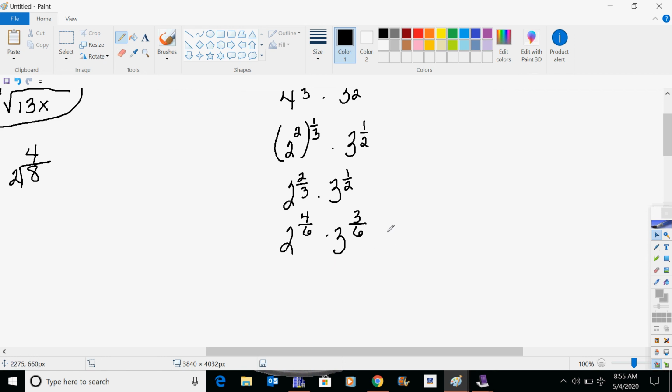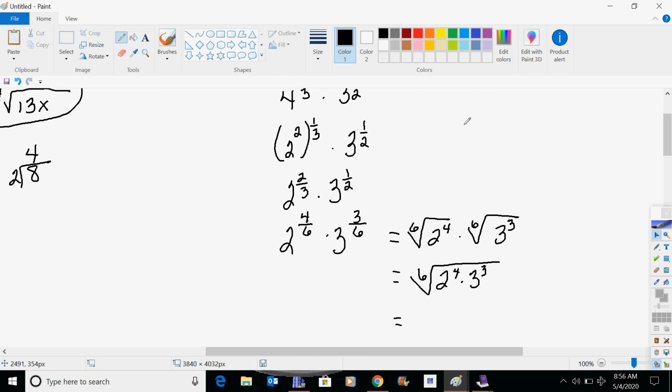So they want us to do it with the radical method. This means that I have the 6th root of 2 to the 4th times the 6th root of 3 to the 3rd, which means that I have the 6th root of 2 to the 4th times 3 to the 3rd.